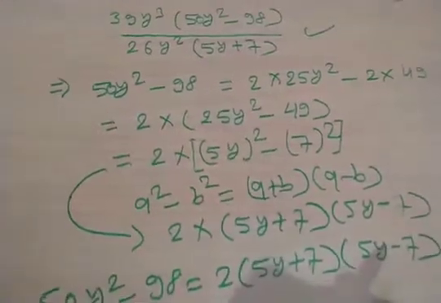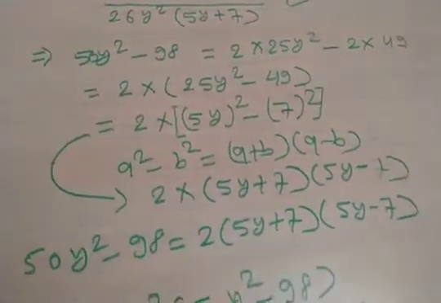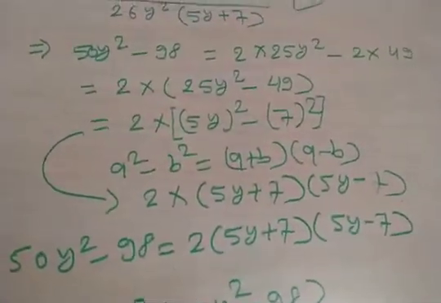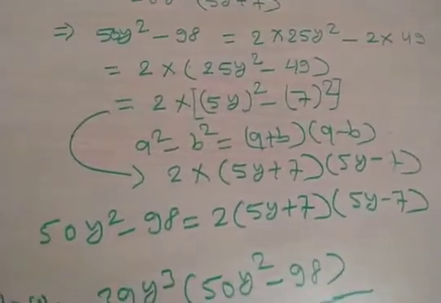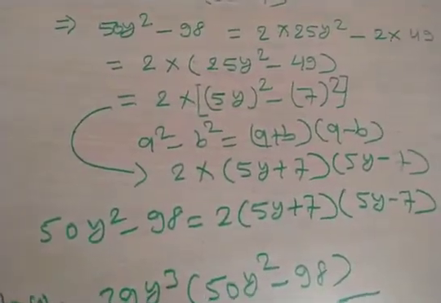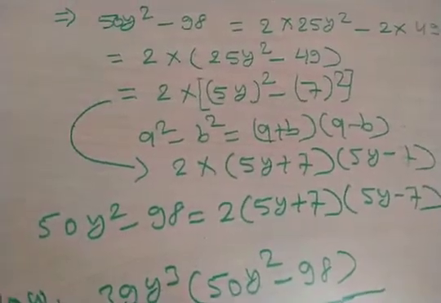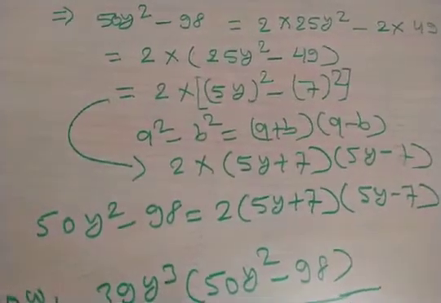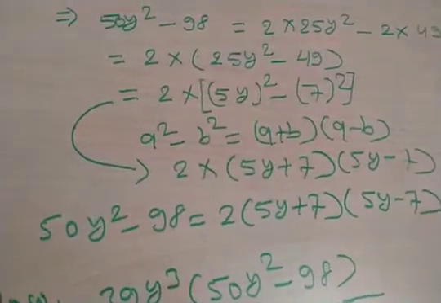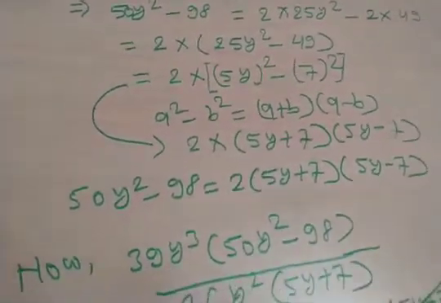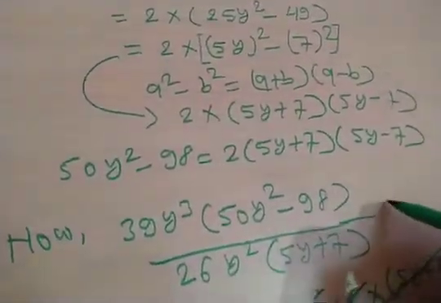Okay. Clear? So now we obtain 50y square minus 98 is equal to 2 into 5y plus 7 into 5y minus 7. Clear?